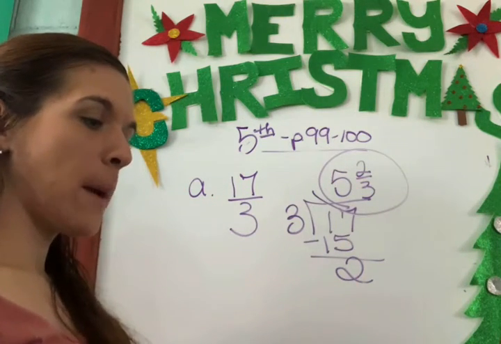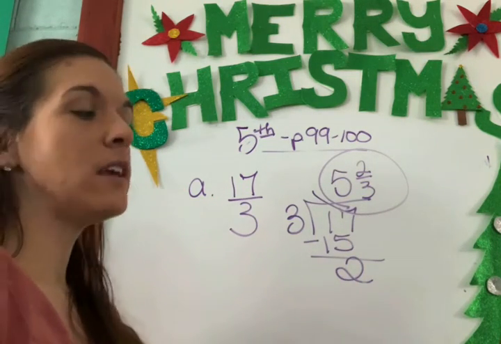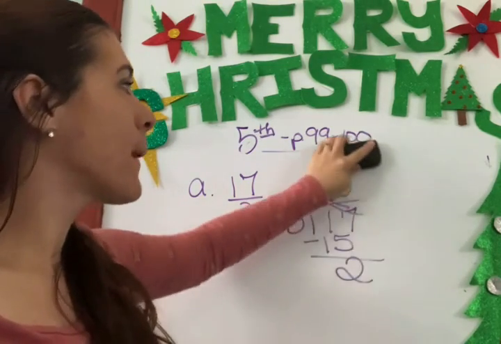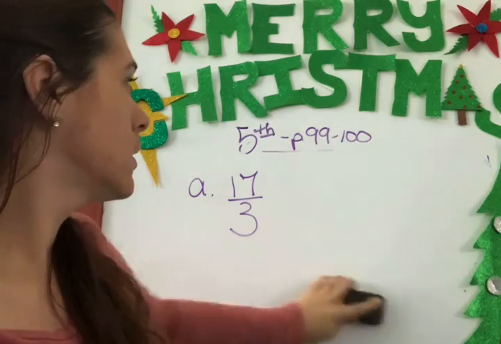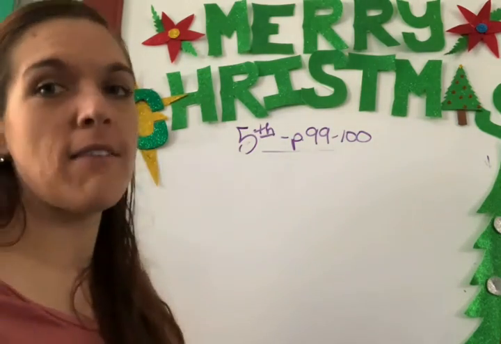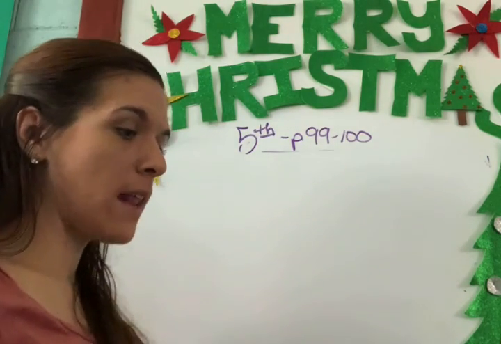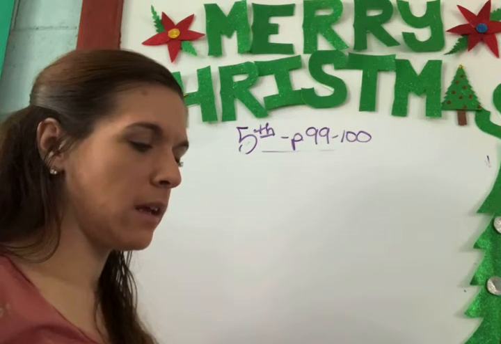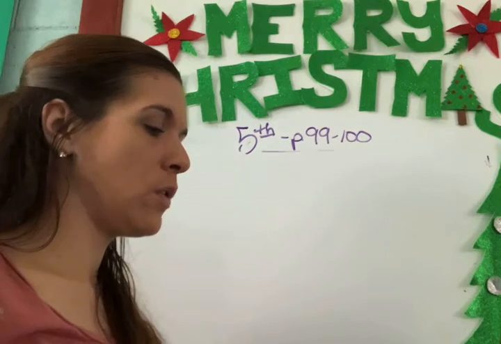Look at letter B. Letter B, you don't even have to do anything with except in your head. What is 14 divided by 2, Danielito? 7. Okay, so that's your answer for letter B. So go ahead and do letter C by yourself, and we'll see what you get.